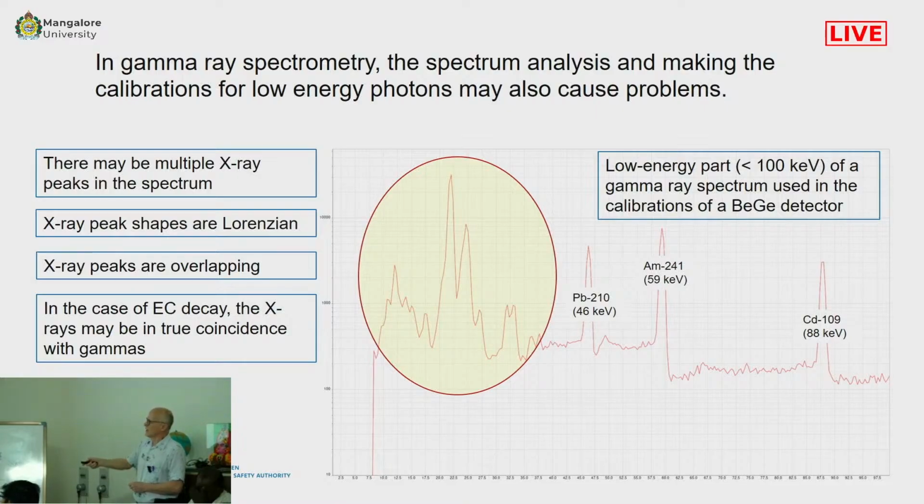So you start your analysis from 30 kiloelectron volts. If you have only 1 or 2 nuclides in your sample, then you might take that part into account in the analysis. But normally there are many of them.